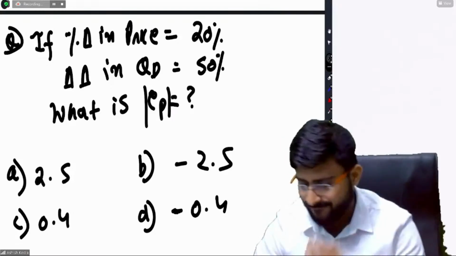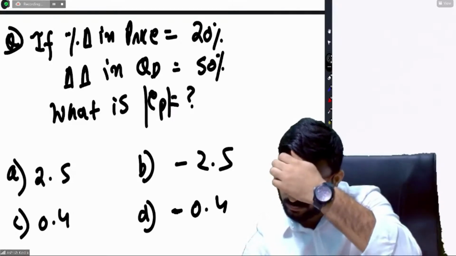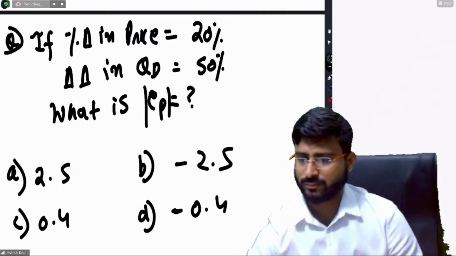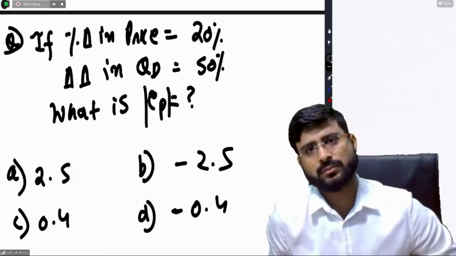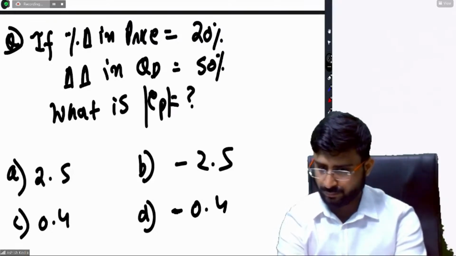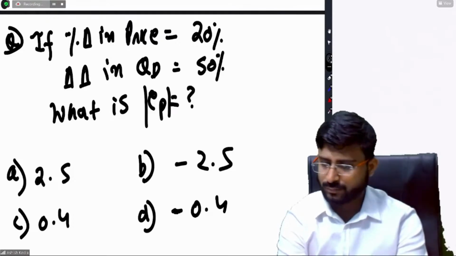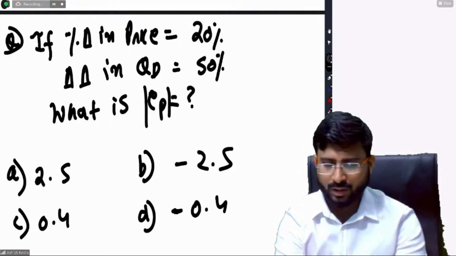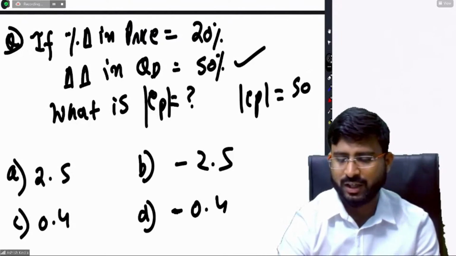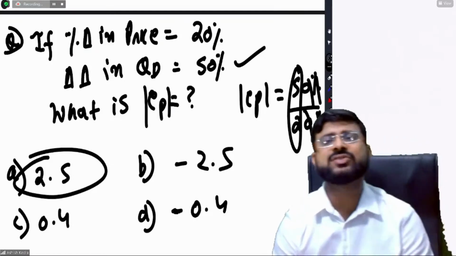Answer me, come on everyone. See, modulus is always taken positive values, percentage change in quantity by percentage change in price. So it's 2.5. Option A is the correct answer.